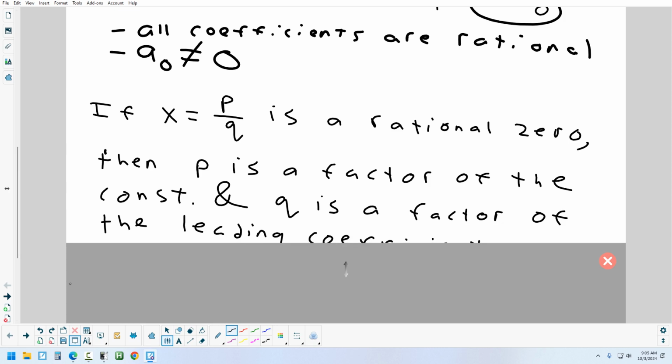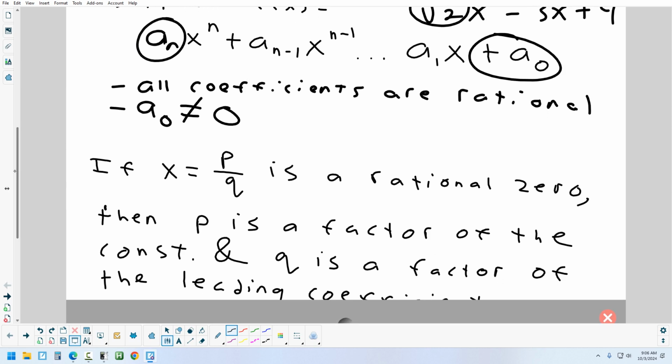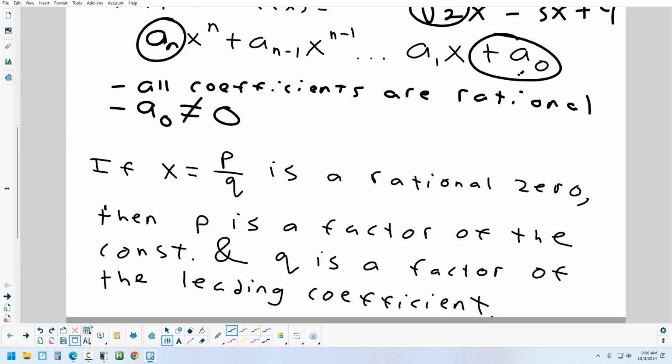So p has to be a number that is a factor of the constant, the number at the end. q is what would be in the denominator, and the only options for the denominator are numbers that are factors of the leading coefficient. So p is a factor of the constant, and q is a factor of the leading coefficient.